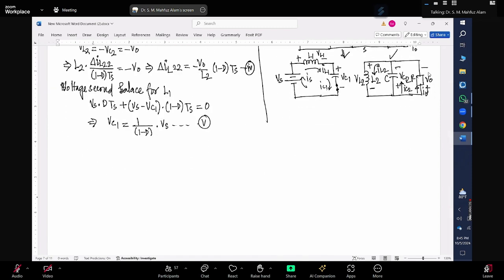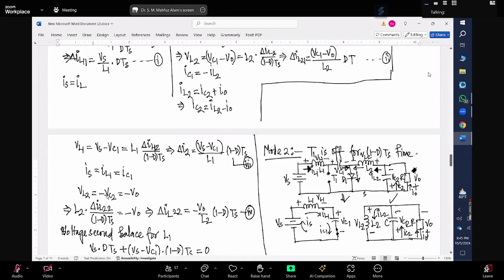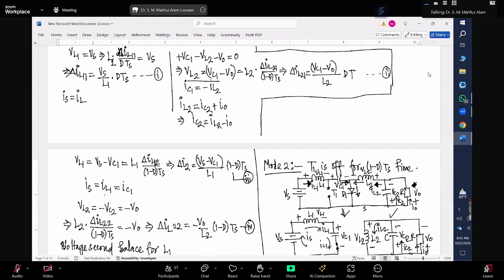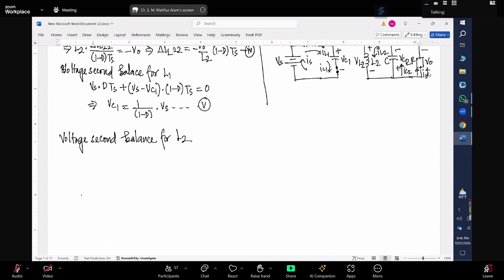Similarly, if we do the voltage second balance for L2, what can we get? For L2, what was the voltage across it? Vc1 minus V0.